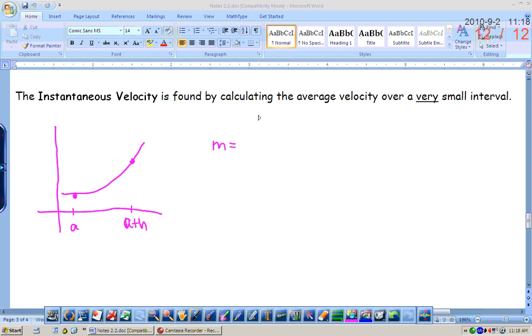So the slope between those 2 points is going to be S of A plus H minus S of A all over A plus H minus A.